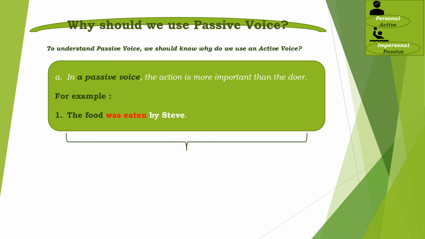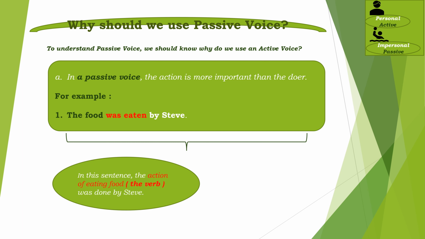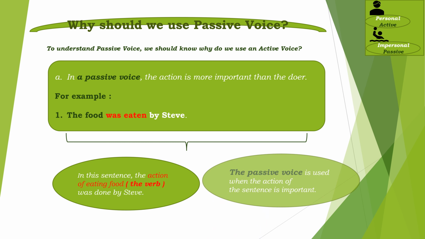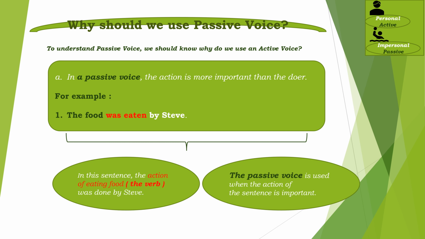The food was eaten by Steve. In this example, the action of eating food was done by Steve. So here in this example, the action of eating food is more important than the doer, Steve. Thus, the passive voice is used when the action of the sentence is important.